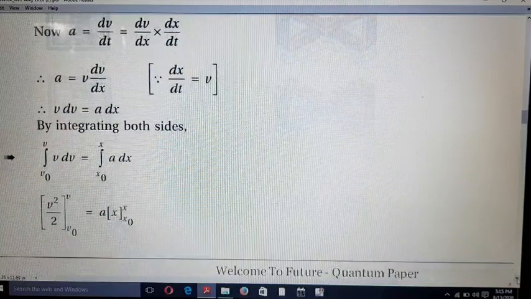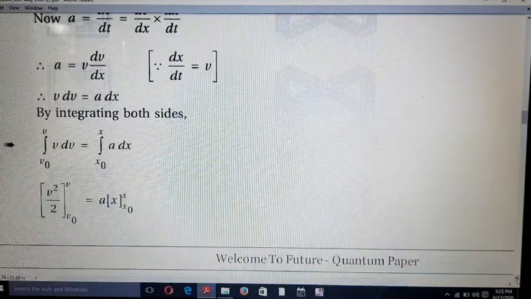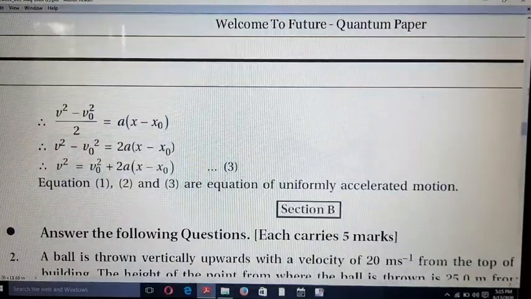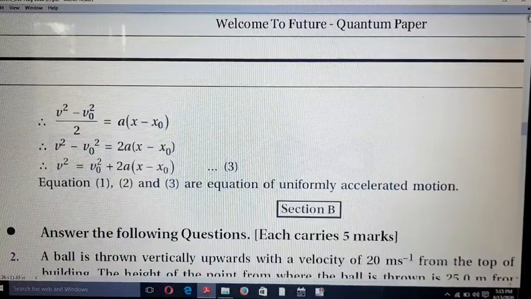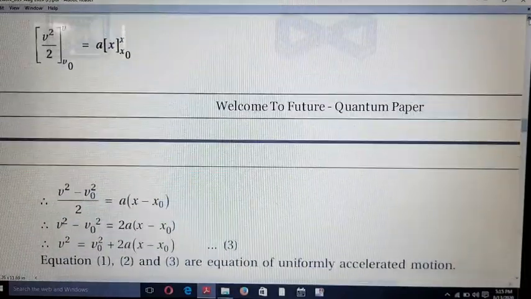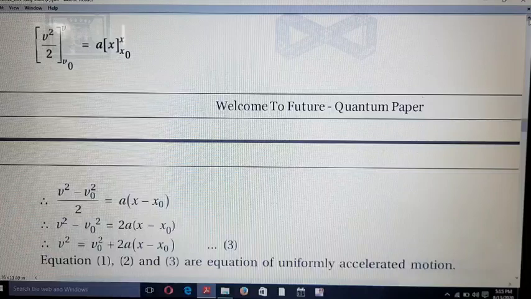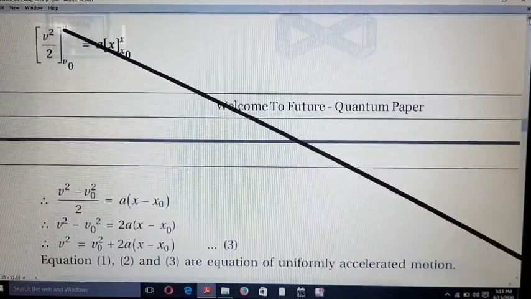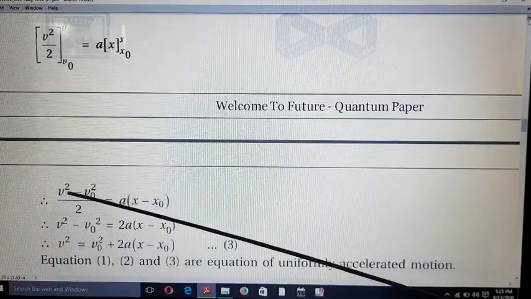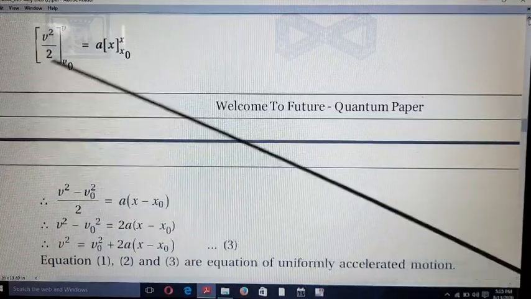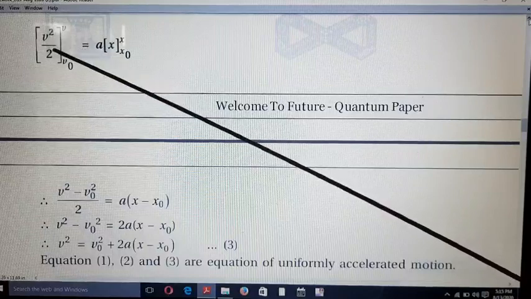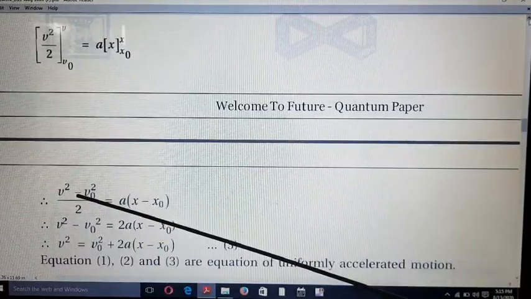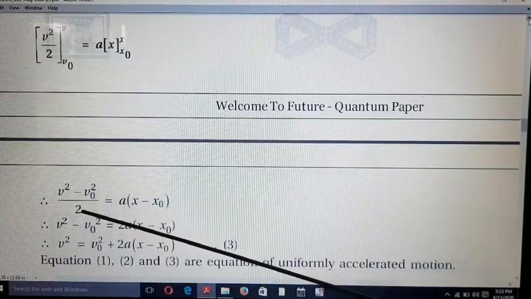Friends, here we substitute the upper limit and the lower limit. First of all, instead we write the upper limit v, so we get v square by 2, and after that the lower limit v0, so v square minus v0 square by 2.